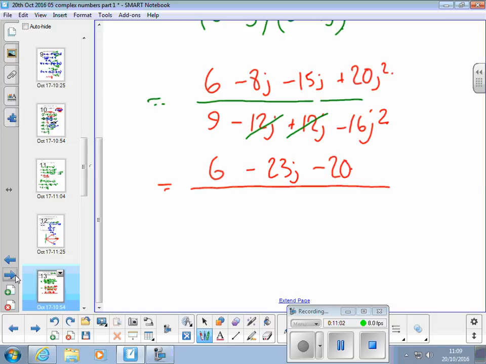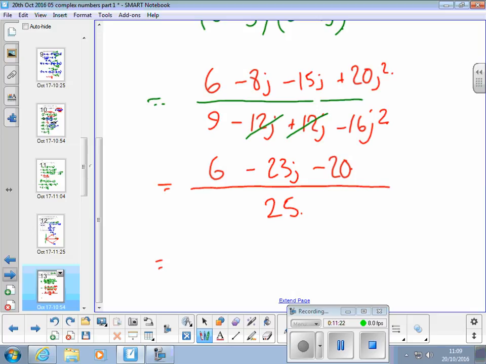So write that out like that. Underneath here, we've already said that's equal to 25. This becomes 16, so 9 plus 16 is 25. Everyone agree with that?